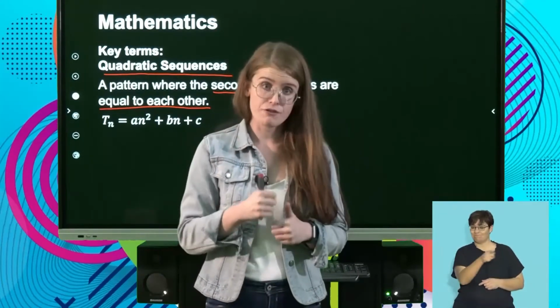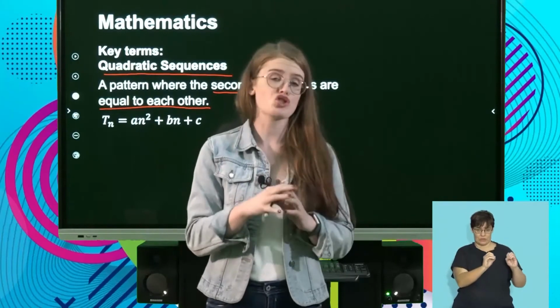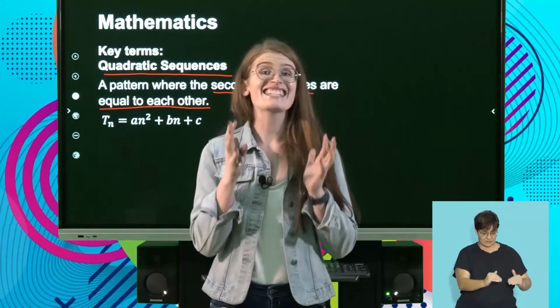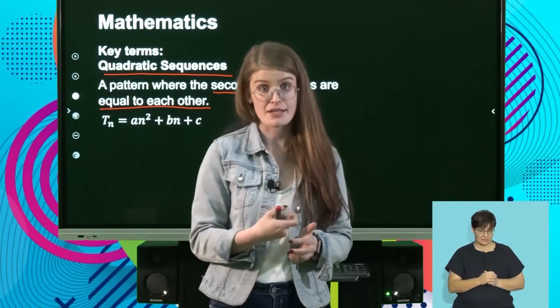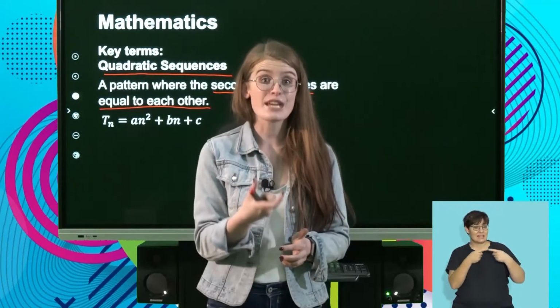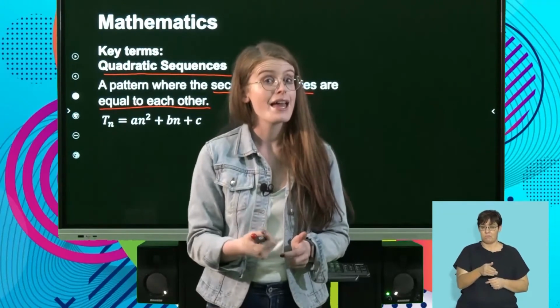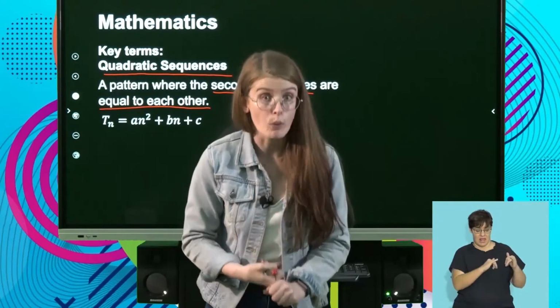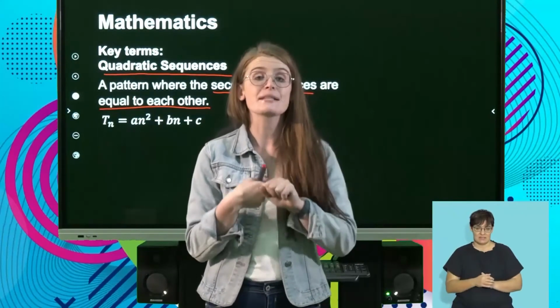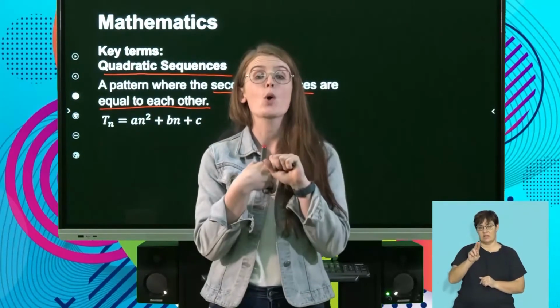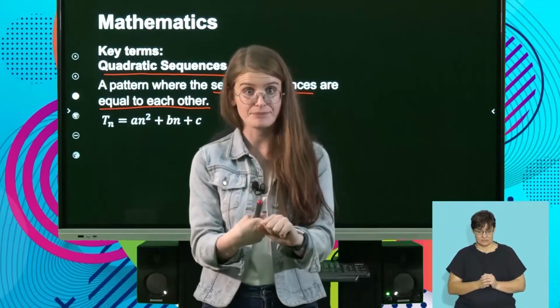If there aren't first differences, please don't stop at that point. Please test to see whether there are second differences present, because second differences being present and second differences being equal, the second difference has to be equal, everybody, means that it is in fact a quadratic pattern.